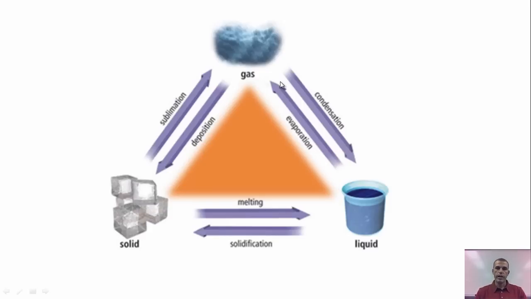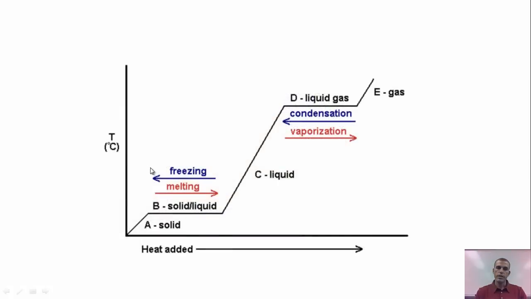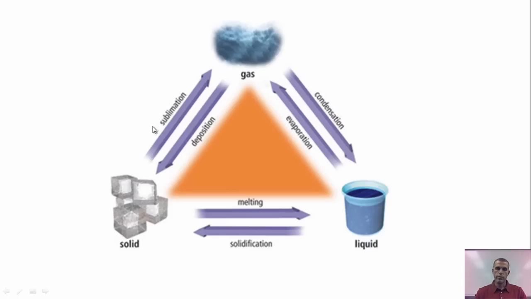Now, going from a solid to a gas and actually skipping the liquid state is called sublimation. So what we're doing is we're skipping the liquid state, and the perfect example of this would be dry ice. You have a solid, and we're going from a solid to a gas here. I think I might have stated it the other way. Let me go back. So again, going from a solid to a gas is called sublimation.